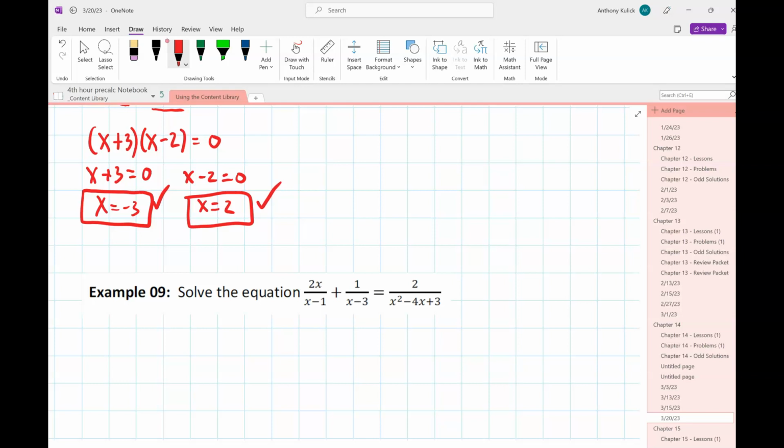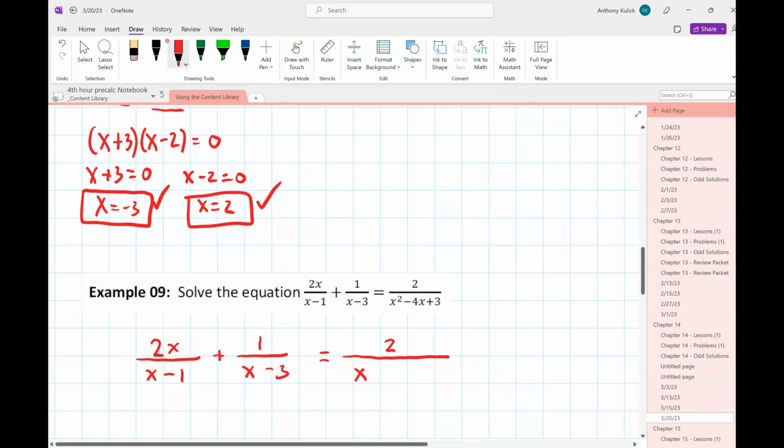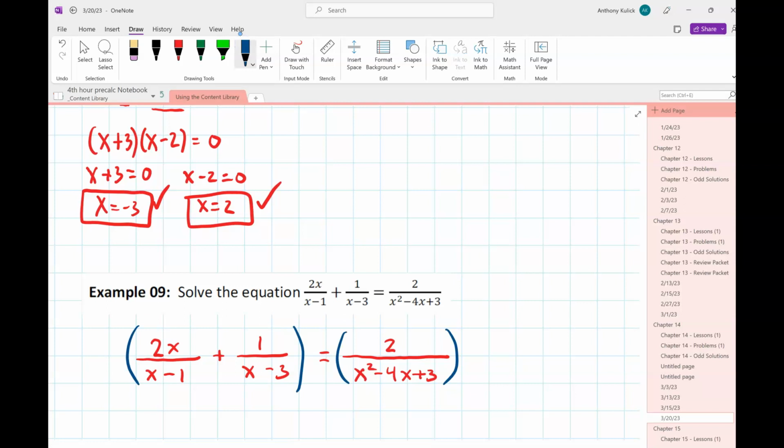Okay, so I want to multiply both sides of this equation by something that's going to cancel out all of the denominators. And really, I want to pick the least thing to multiply both sides by to cancel out the denominators.